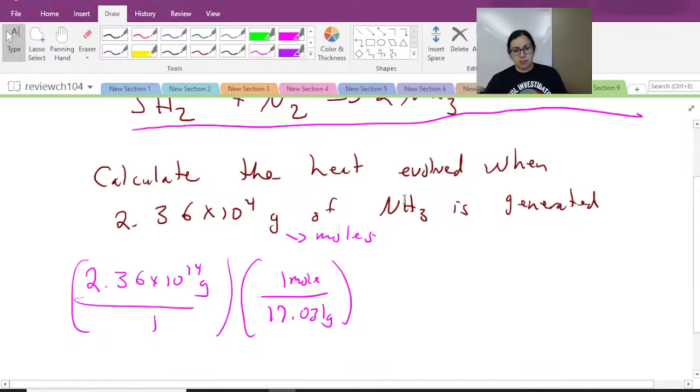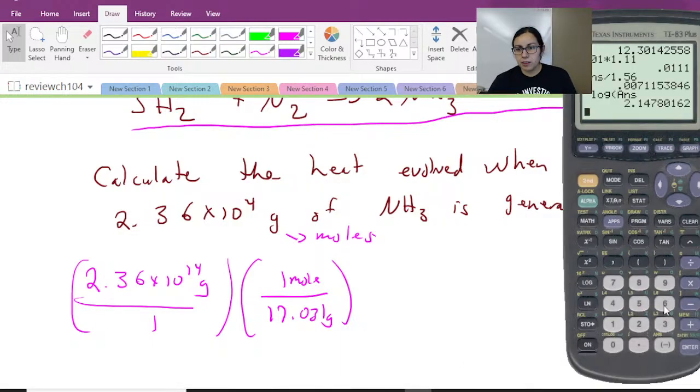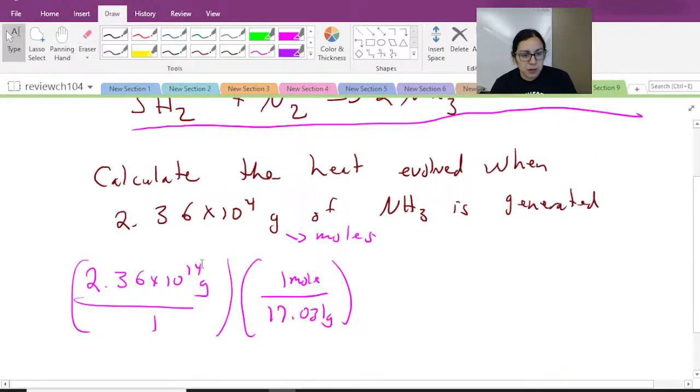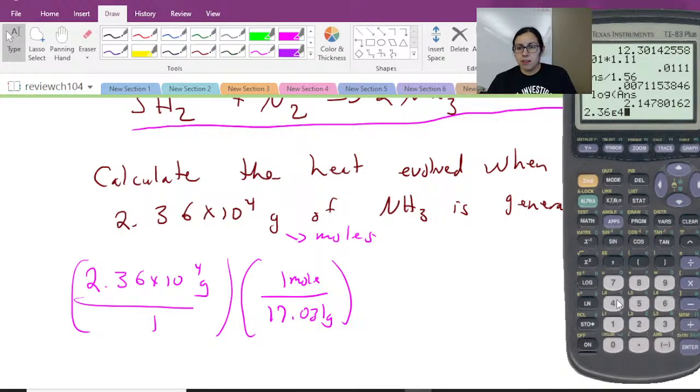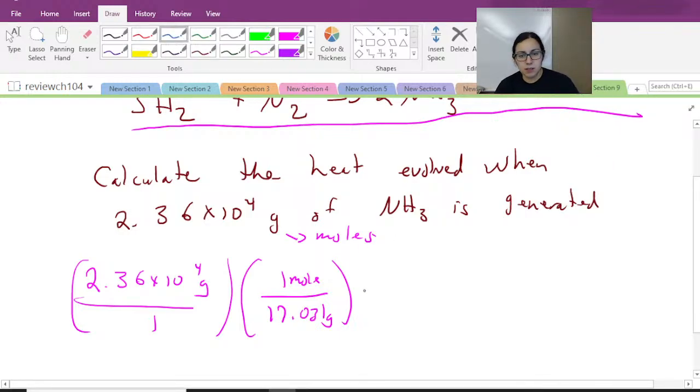Now this is going to give us a big number, so 2.36 times 10 to the 4th, divided by 17.031. Then I get about 1,386 moles of ammonia.